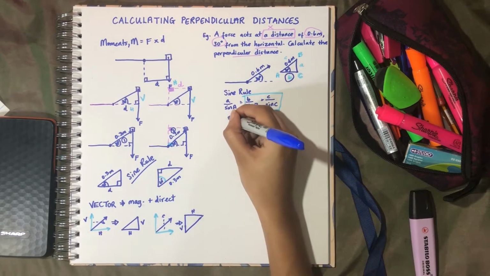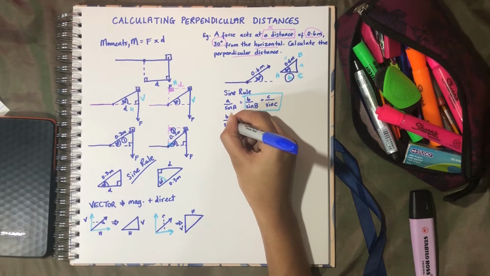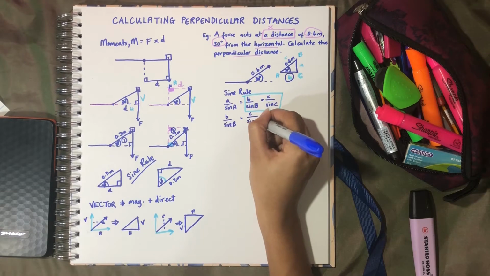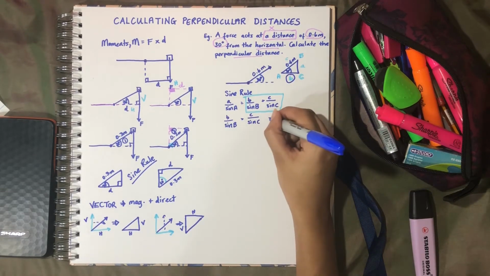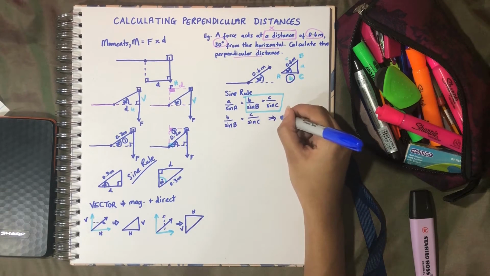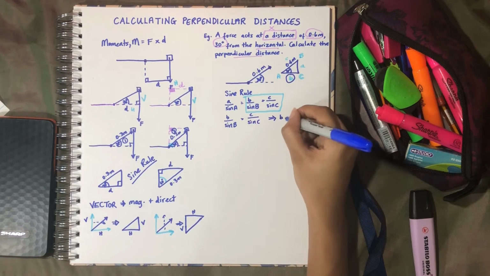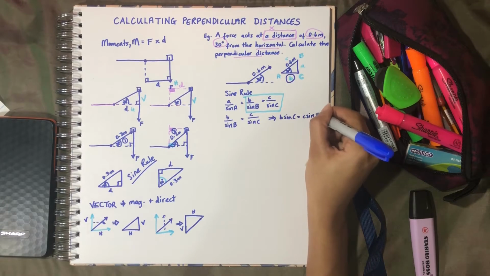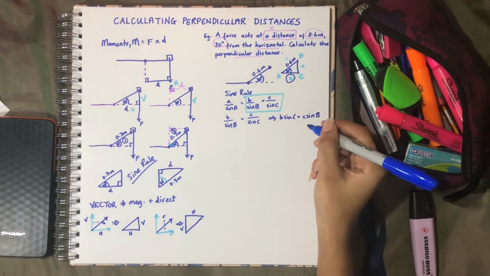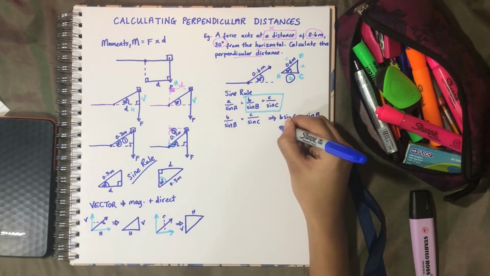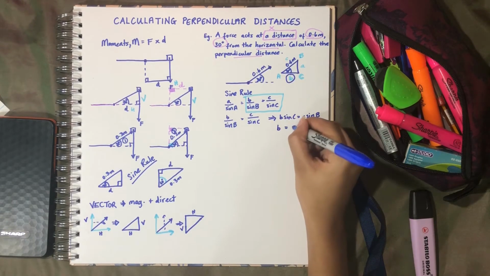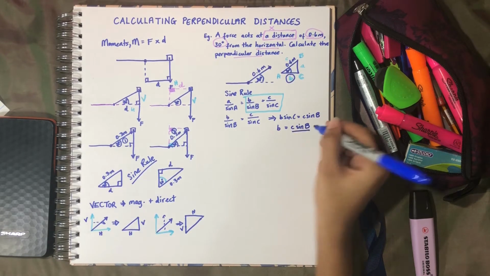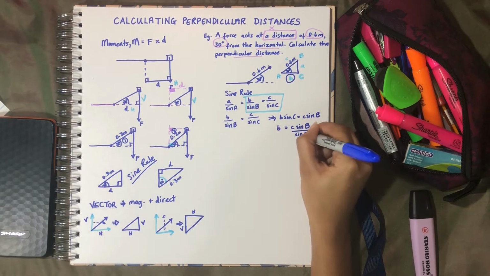So we're going with b over sine B is equal to c over sine C. We could transpose this so that b sine C is equal to c sine B. I really hope that's not confusing you guys and you're following. And so b would equal c sine B over sine C.